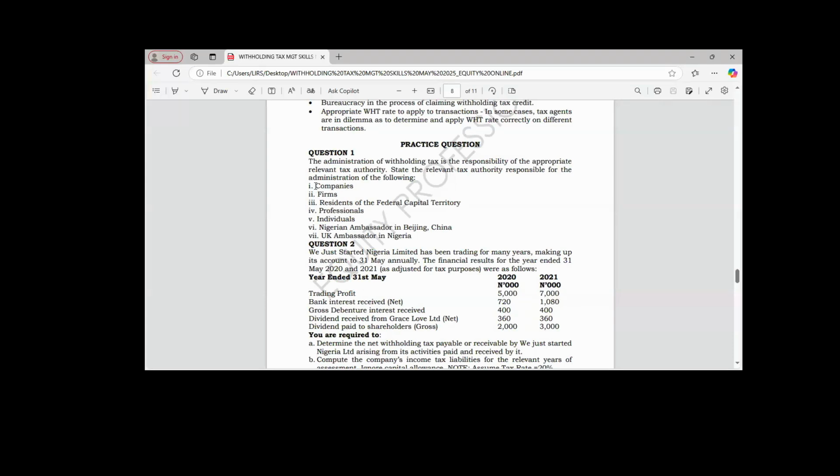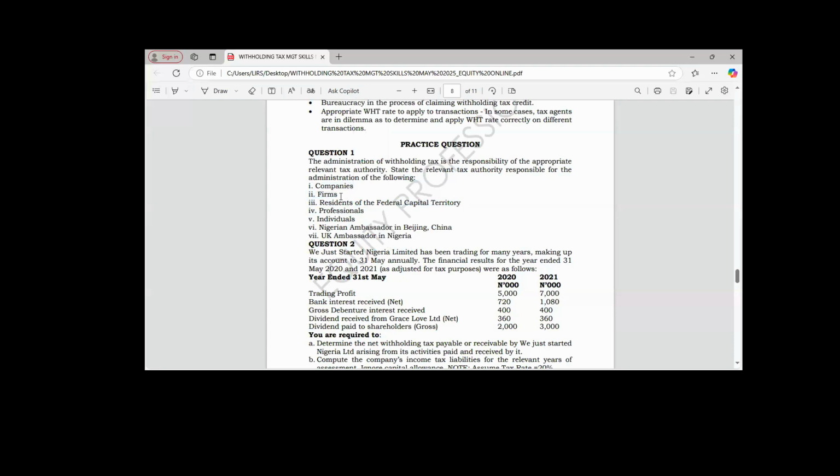We have done this last week. Yes, FIRS, thank you very much. It's FIRS, Federal Inland Revenue Service. Then the second one, firms.